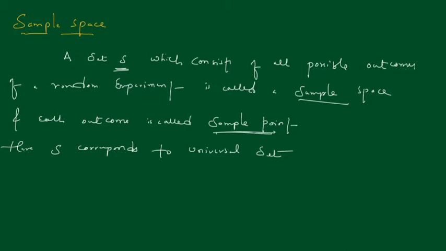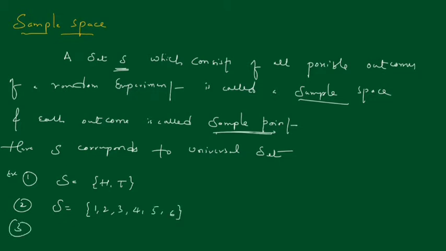Thus, the sample space S in each of the above examples is given by, let's see, first example, it is S equals to {H, T} when a coin is tossed once, right? For the second one, sample space S equals to, when a die is thrown or rolling a die, we have total 6 possible outcomes.